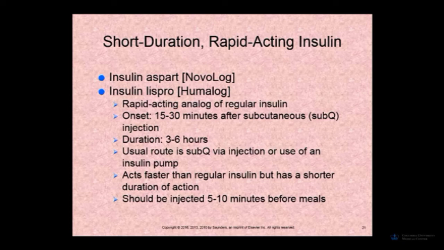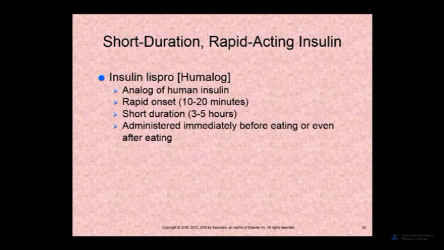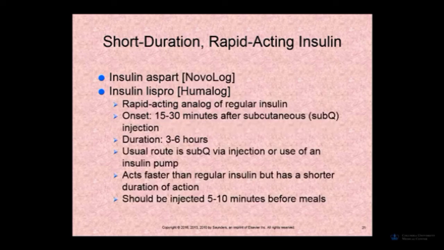So on this slide I would cross that out because this information is for the aspart. Yeah, so this is the lispro information, and this is the aspart information.